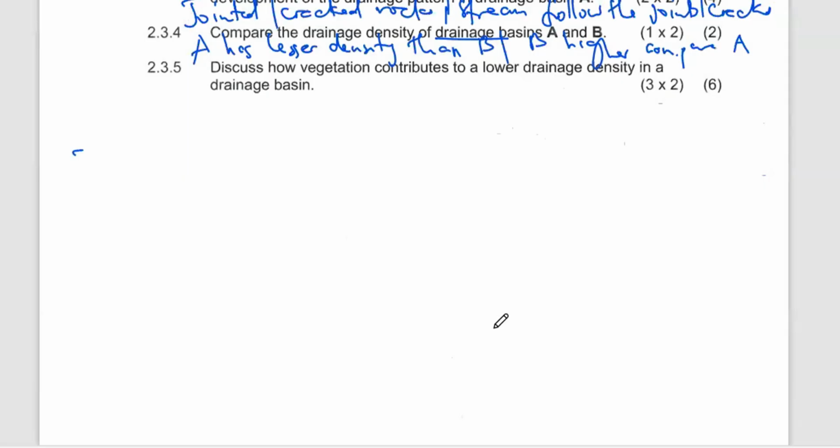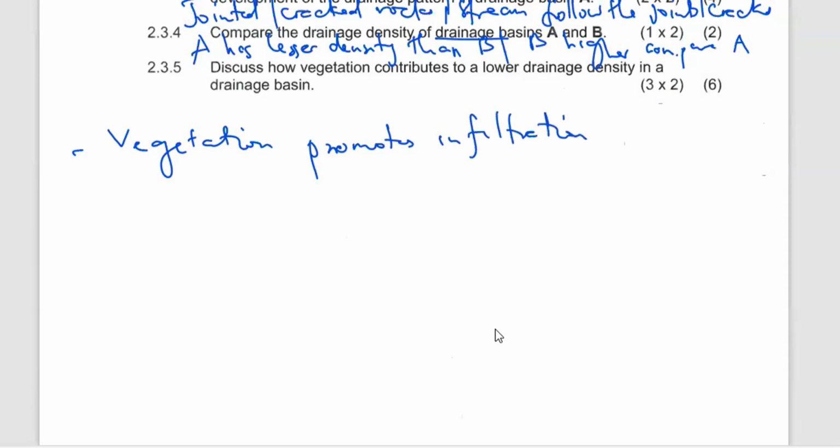The first factor that you must know is that vegetation promotes infiltration, which means whenever we have vegetation in an area, that area is most likely to have high levels of infiltration and less runoff. When there's high infiltration, it means there will be less sheet flow, or less runoff on the ground surface.